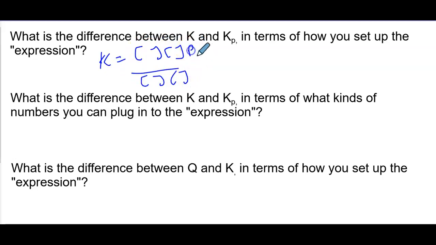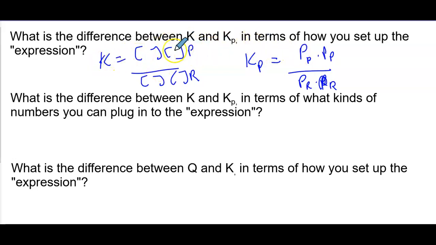These would be the products, and these would be the reactants. Kp, instead of square brackets, which were moles per liter, so concentration, is going to be the pressure of the products over the pressure of the reactants. So pressures in Kp and square brackets with K.